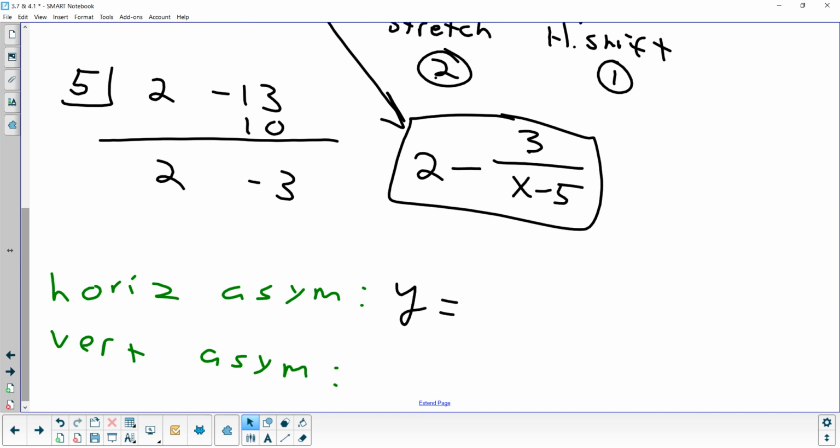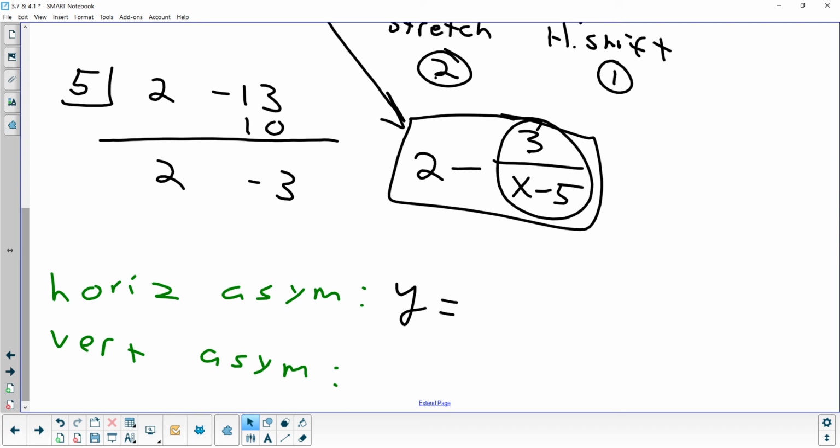Tell me what happens to this box in black as x approaches infinity. What number are we going to get very close to in that box? Okay, 2. As x approaches infinity, what I just circled is going to disappear.